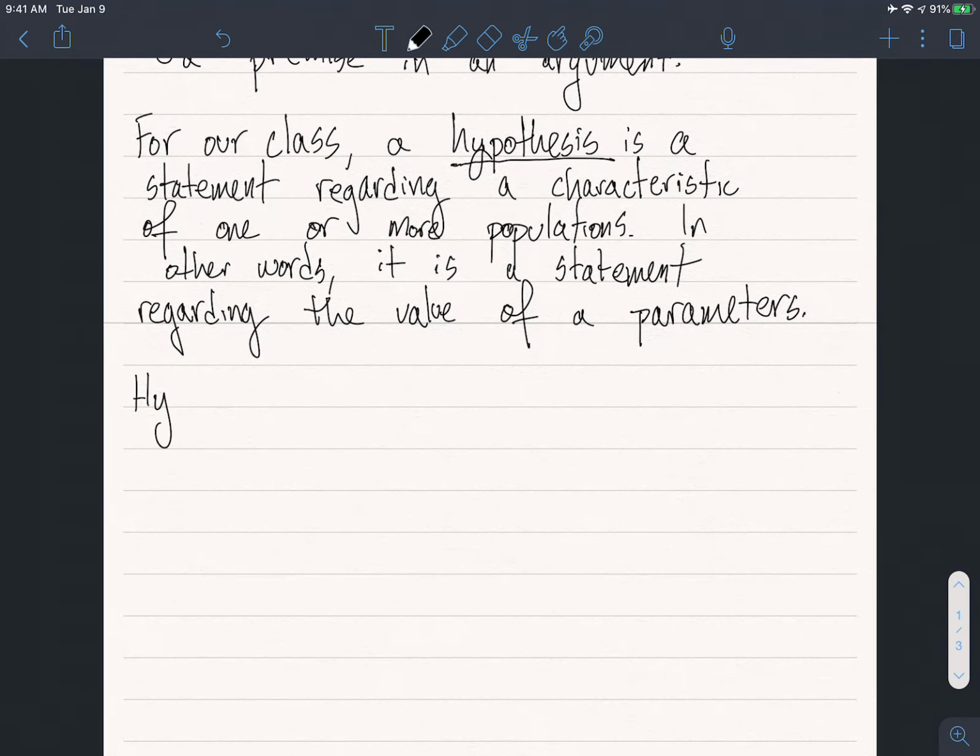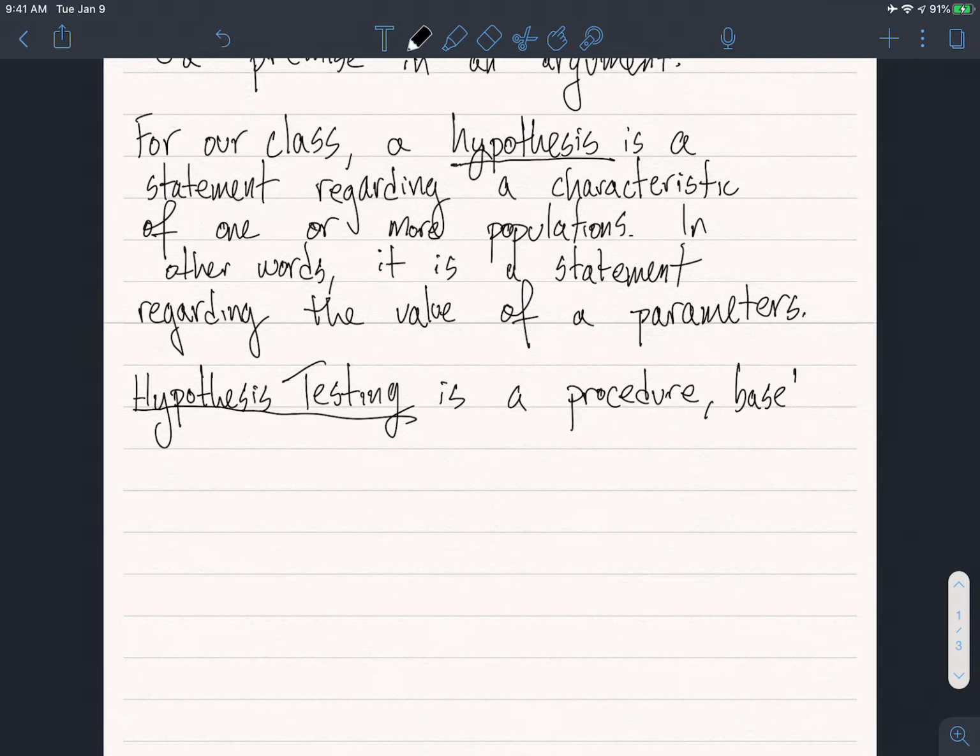Hypothesis testing is a procedure based on sample evidence and probability. We're never going to get away from that word, are we?